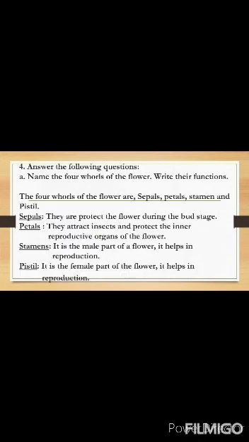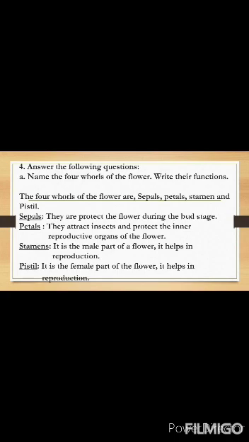Next, answer the following questions. Name the 4 whorls of the flower. Write their functions. Answer. The 4 whorls of the flower are sepals, petals, stamen, and pistil. Sepals. They protect the flower during the bud stage.